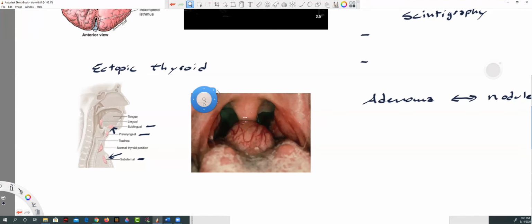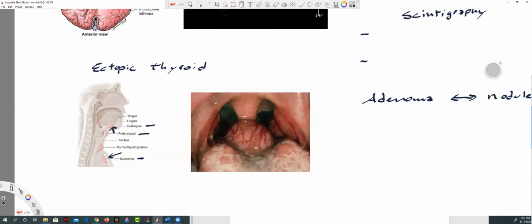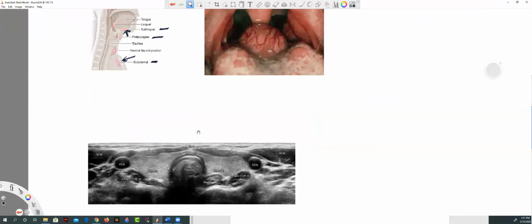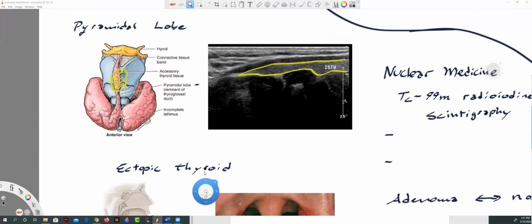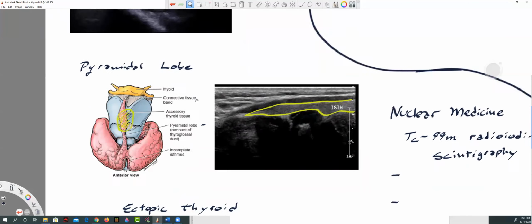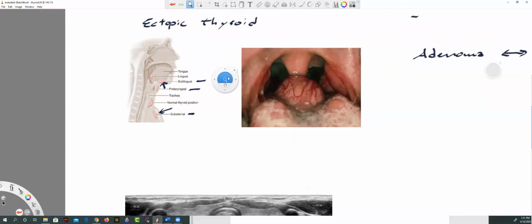Okay, so the other possibilities, let me go ahead and just write it down here. Athyrosis.